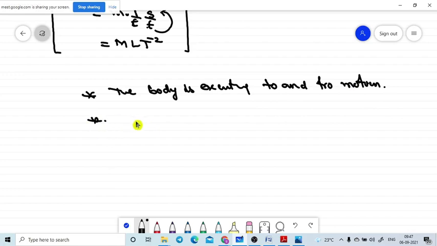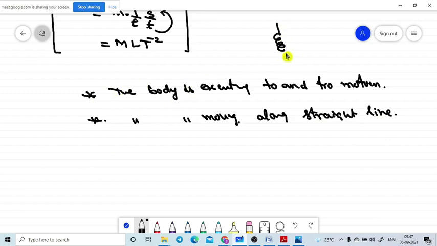The body is moving along a straight line. These are the observations we made in the loaded spring system. The body is executing to and fro motion: from the mean position it goes in the downward direction, then in the upward direction.